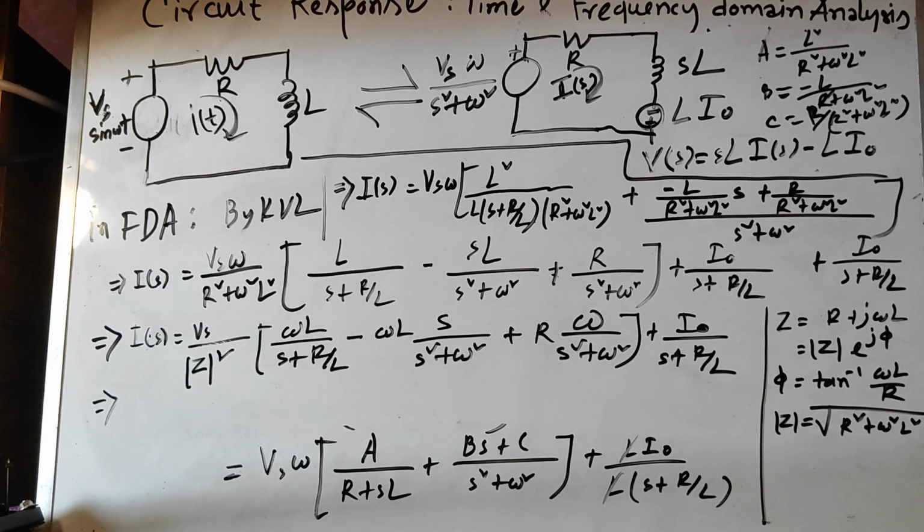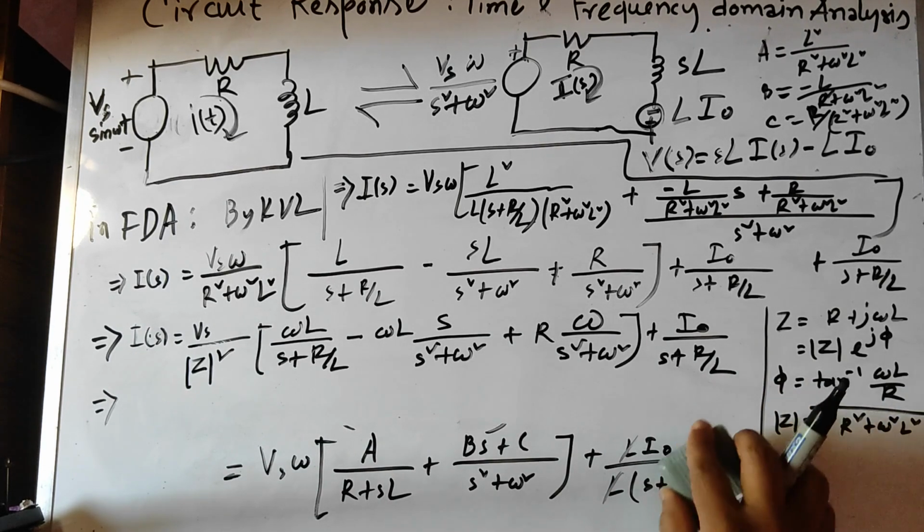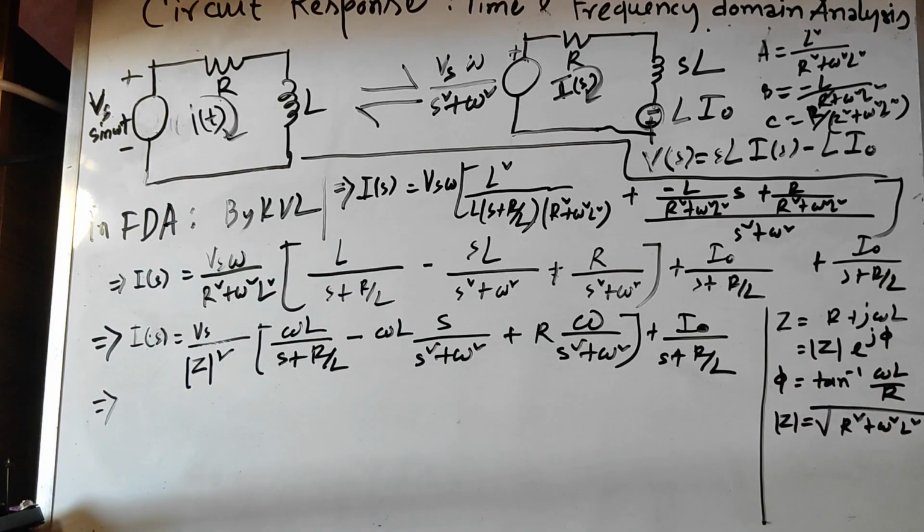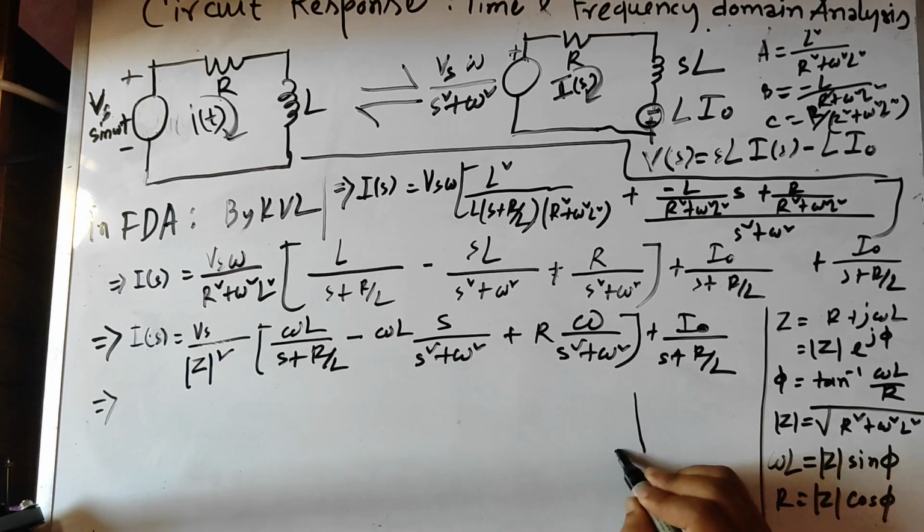So now what we are going to do is, let us define omega L as Z sine phi and R as Z cos phi, because we know that, let me add this here.